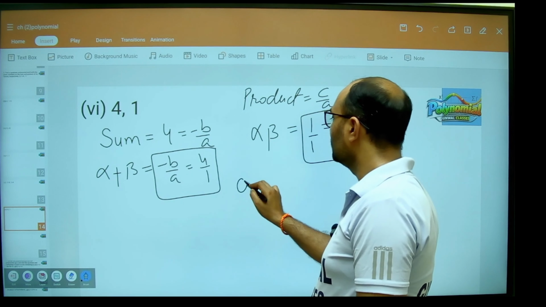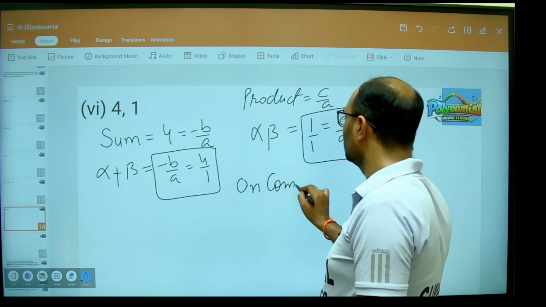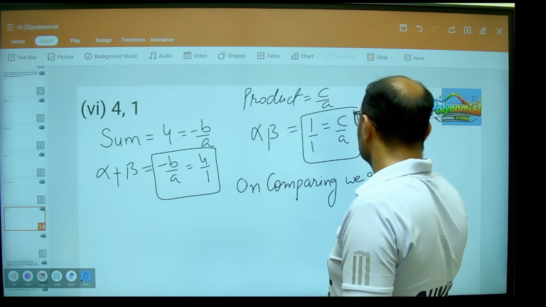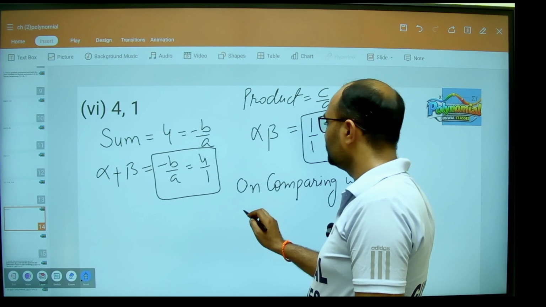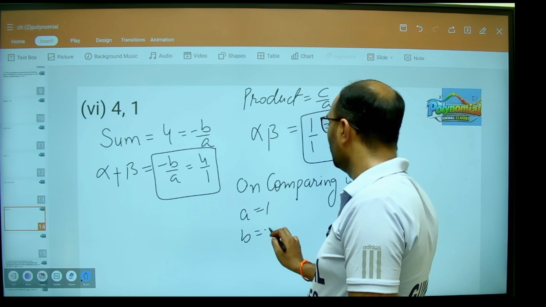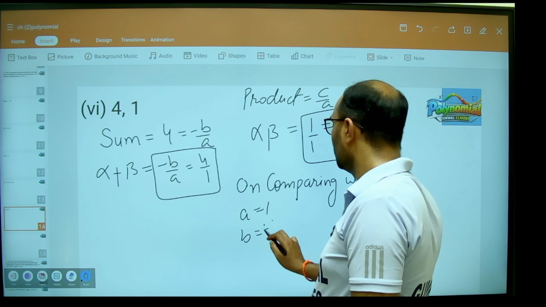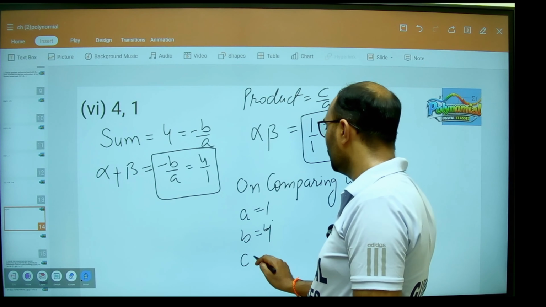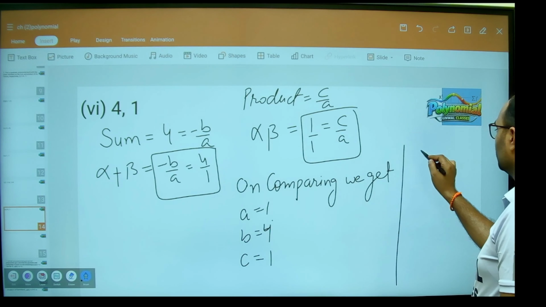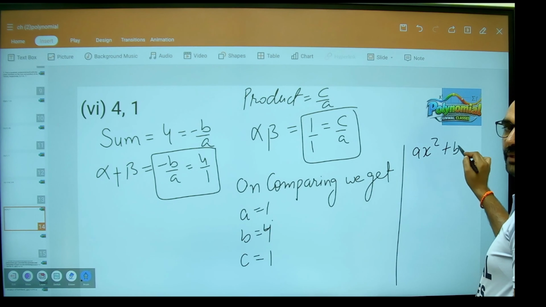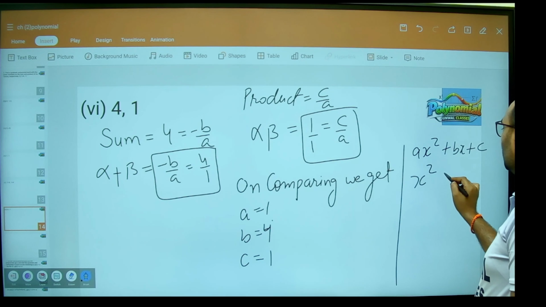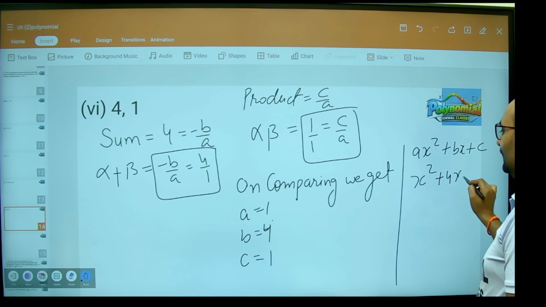On comparing, we get a is equal to 1, b is equal to minus 4, c is equal to 1. Ax square plus bx plus c, value of a is 1, x square, b 4x, c 1.